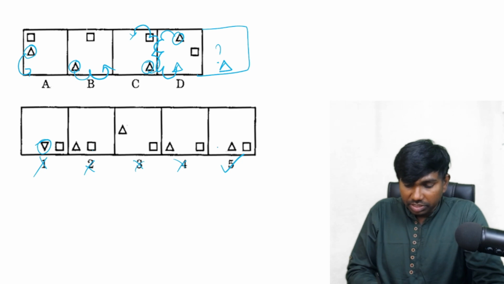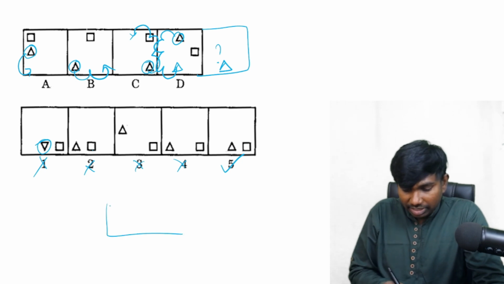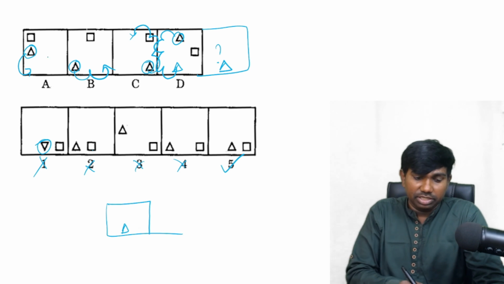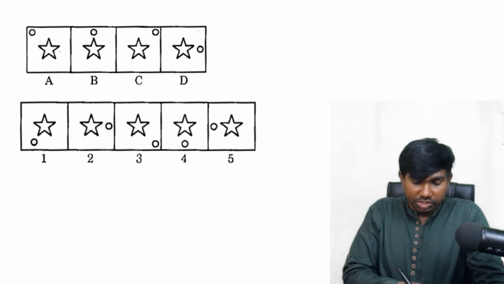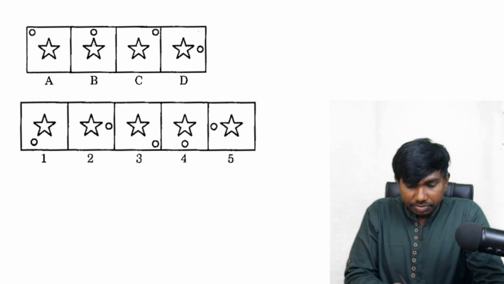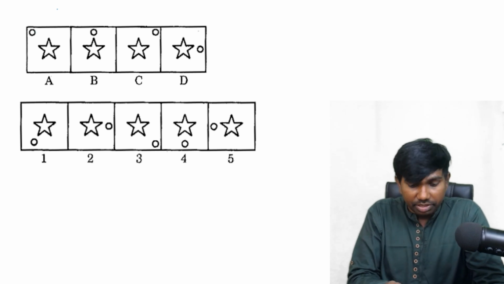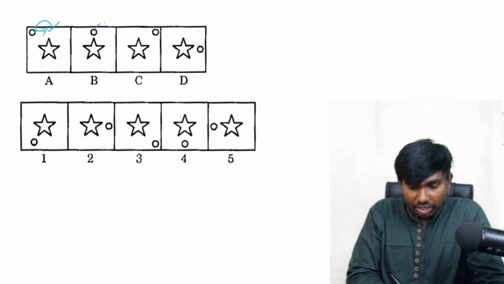Suppose there is one more option with the triangle in the center of the bottom face. We should consider the position of the square also. Here it is enough. Going to the next question. First let us see the circle. Small circle is shifted 1 position, from here to here 1 position, again 1 position, again 1 position.